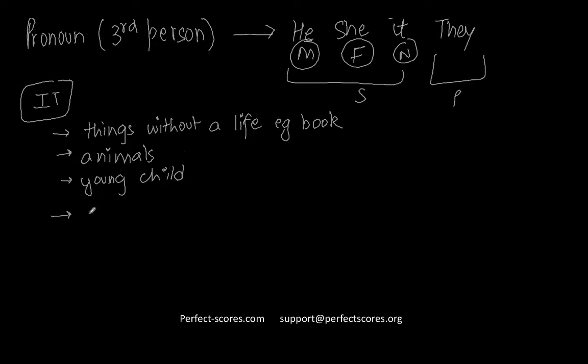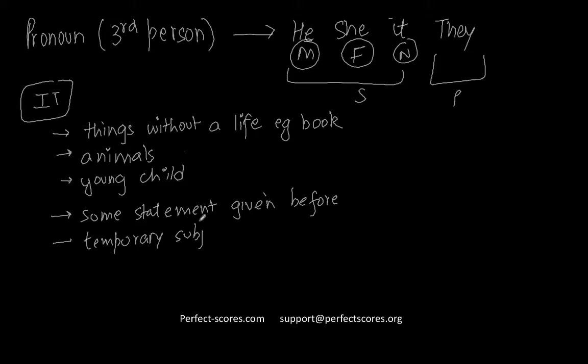Then it can be used to refer to some statement that was given before. For example, he deserved his punishment. He knew it. He's telling a lie. He knows it. Then it is used as a temporary subject before the real subject is announced.